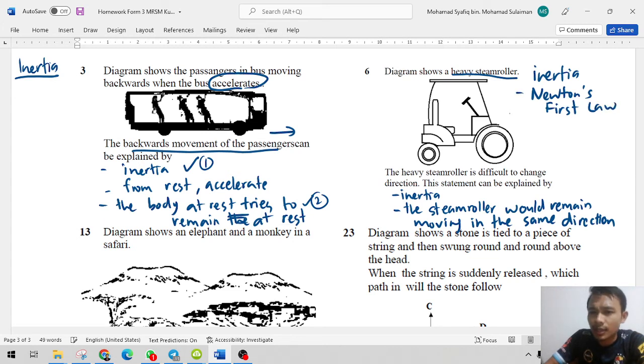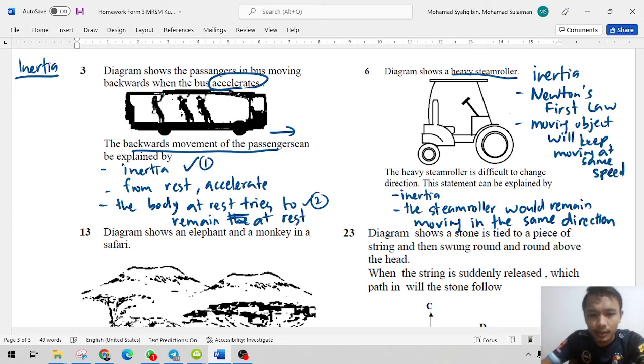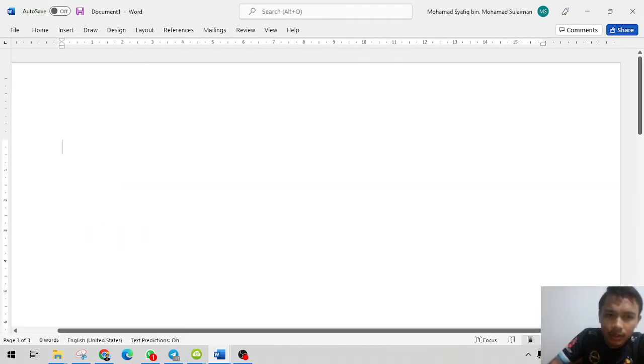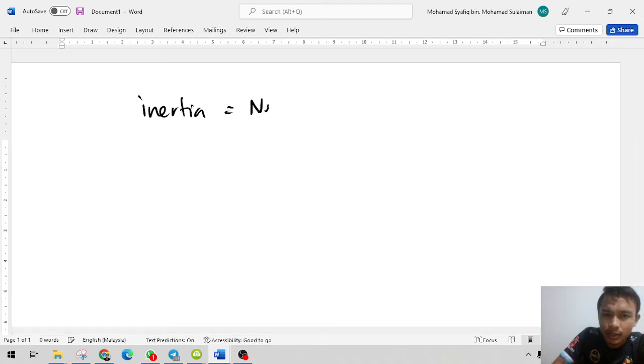It says that a moving object will keep moving at the same speed. I need better space. Okay, so inertia is Newton's first law, or first law of Newton.